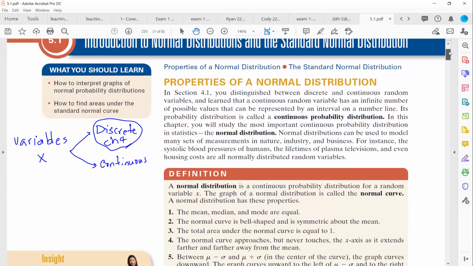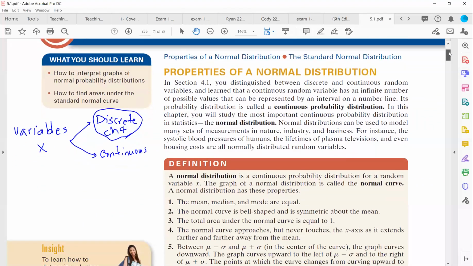Let's start by official definition. A normal distribution is a continuous probability distribution for a random variable like x. The graph of a normal distribution is called the normal curve. A normal distribution has these properties.